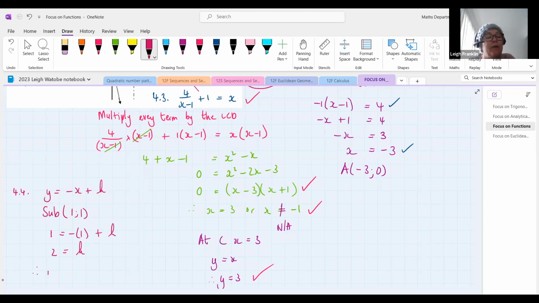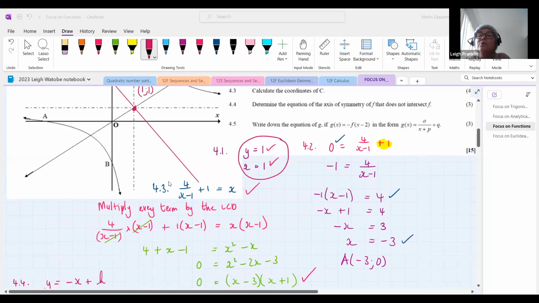So it is the line y equals negative x plus 2. There we go. All right, and that, I believe, is the easiest way to do that question.